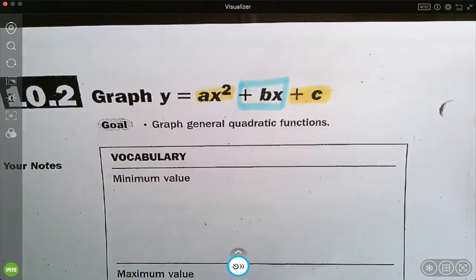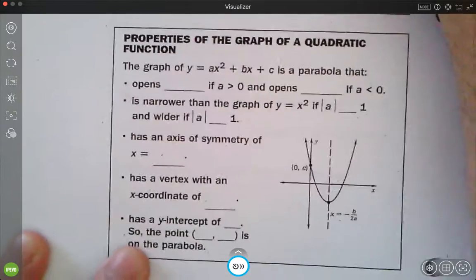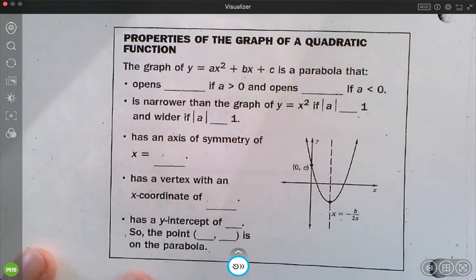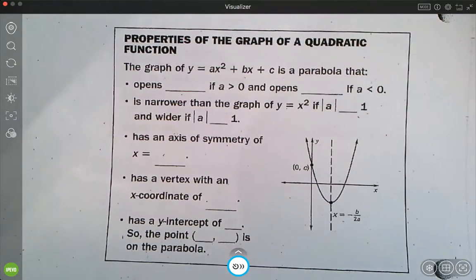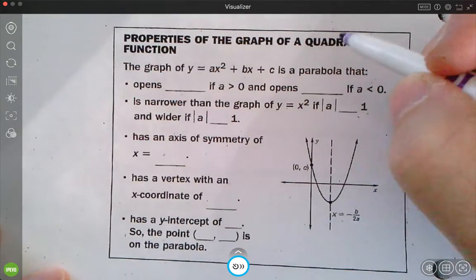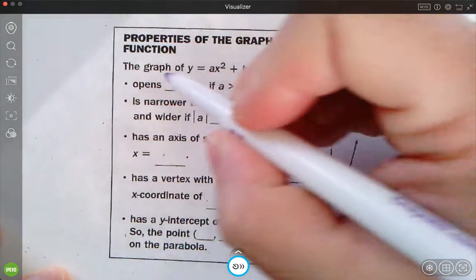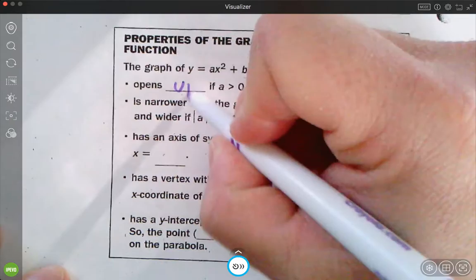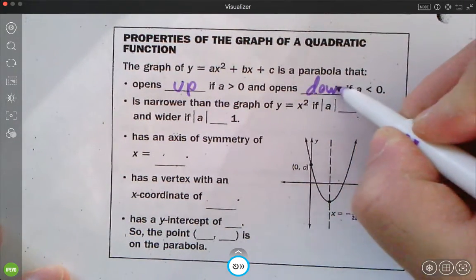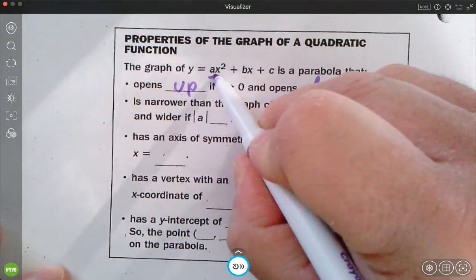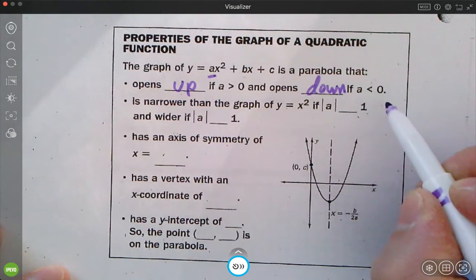Okay, so a nice little review here at the bottom of page 10 is properties of the graph of a quadratic function. So things that we already established the last couple weeks is that it opens up if our a value is greater than 0, and it opens down if that a value is less than 0.